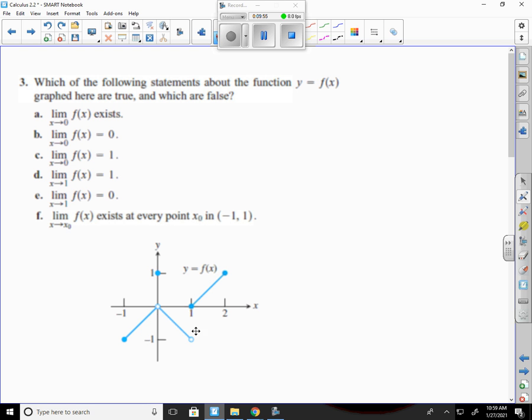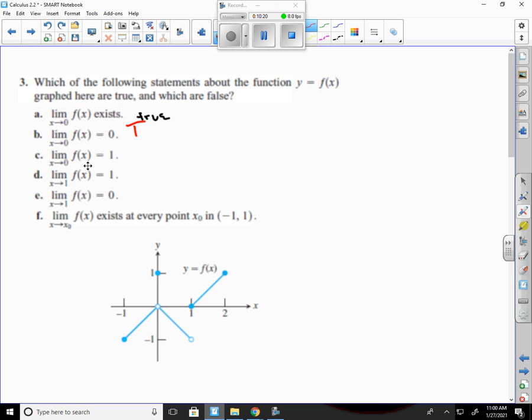So as it approaches from the right, it also goes to 0. So this would be true. The second one, the limit as x approaches 0 of f of x is 0. That's true because y equals 0 as x gets closer to 0. So that is also true.